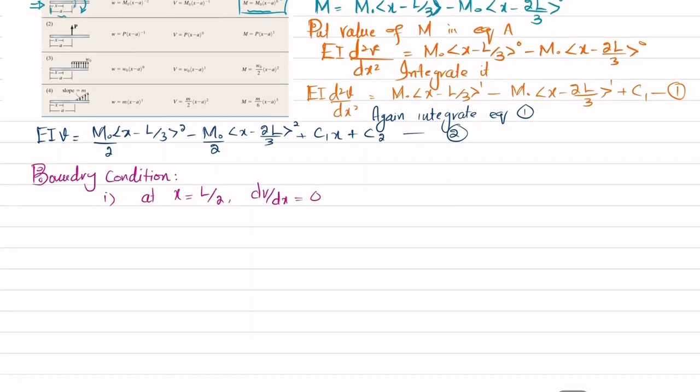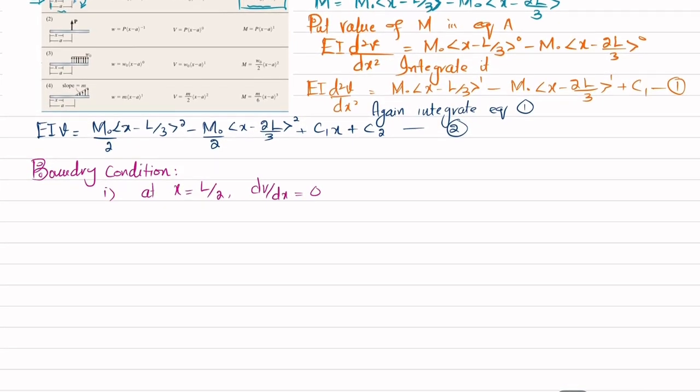So what we will do is that you have to put it in equation number 1. Now what is equation number 1? This is the equation number 1. Here you have taken integration, so it will be dv/dx.